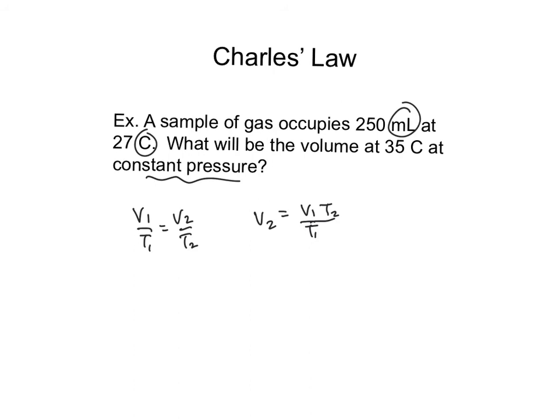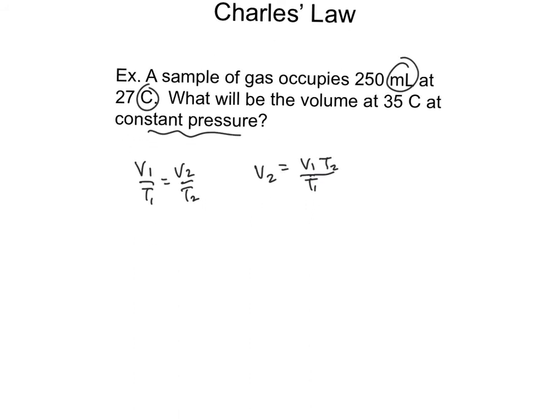And you can make a list here. You got V1, T1, V2, T2. This is the one we're looking at. V1, 250 ml. T1, 27 degrees C, and you never, ever, ever want to leave anything in degrees C for this entire chapter.